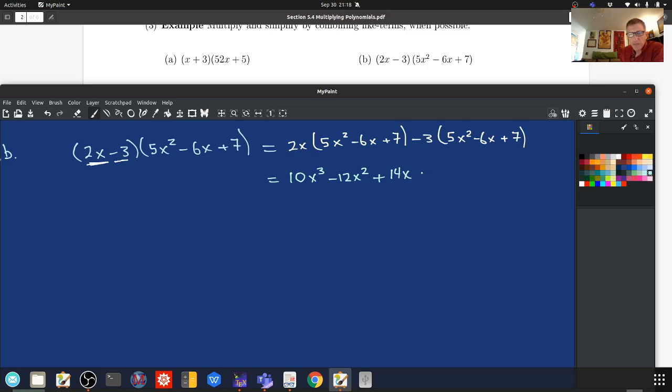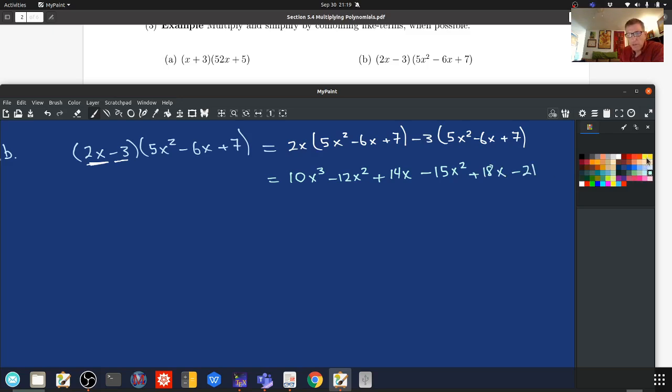Minus 3 times 5x squared is minus 3 times 5, which is minus 15x squared. Minus 3 times minus 6x is minus 3 times minus 6 is plus 18 times x. And minus 3 times plus 7 is minus 21.